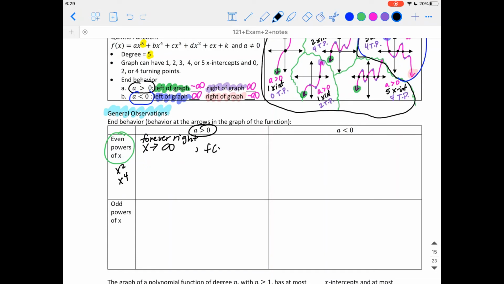Your y values, which is f of x, is headed towards infinity as well because they're headed forever up. Now, as your graph is headed forever left, which is as x heads towards negative infinity, then your graph is headed forever up.